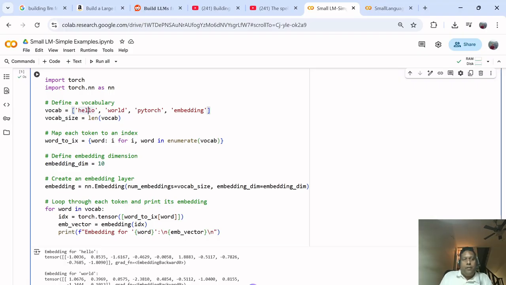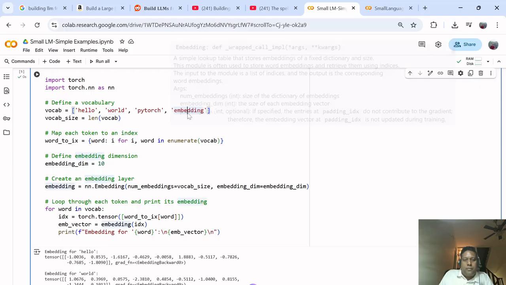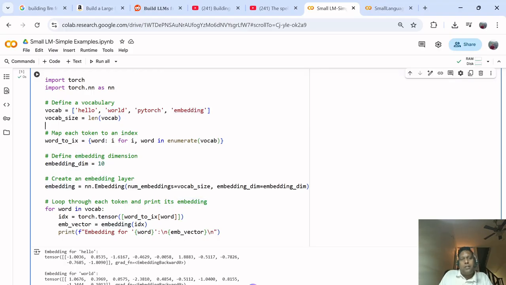We have understood the concept of a vocabulary, and we said that for the LLM we went with byte pair encoding and the GPT concept of about 50,257 tokens. It's a similar concept here, where for embeddings we define a vocabulary. Think of it as these 50,257 words, and we are encoding each into a number.